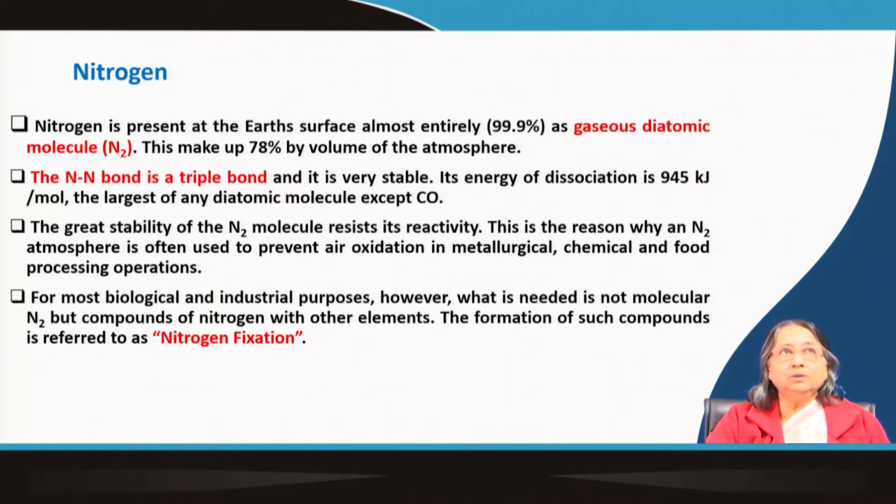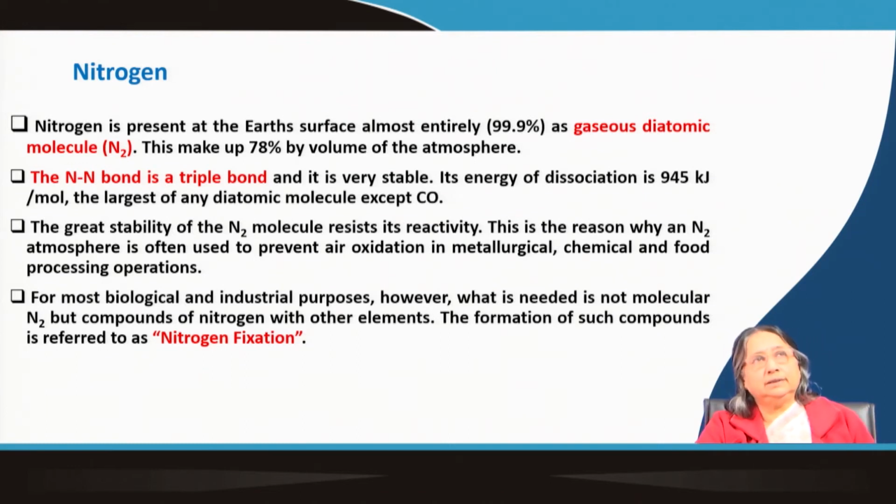Sometimes we use a nitrogen atmosphere in many reactions to keep the atmosphere inert, and sometimes we mix nitrogen to dilute the oxygen. We mix nitrogen in the oxygen gas cylinder which is used by divers.